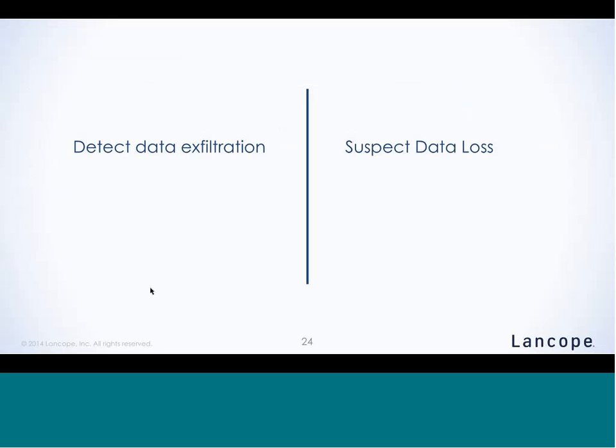Then again, we want to look for our data loss type of activity after we've seen the suspect data movement inside of the organization. What are they doing with it? So if we see somebody that normally downloads 10 megabytes a day from our CVS servers, did they download several gigabytes after that? Are we moving this data up to Google Docs or Box.net, or hopefully not one of our competitors?